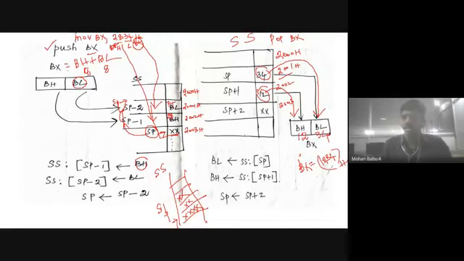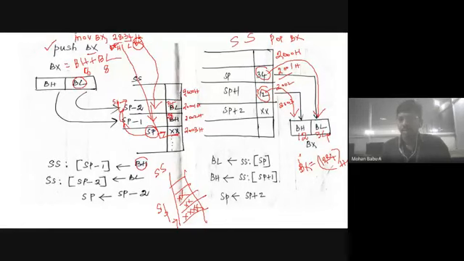So PUSH means storing the data from the register to the stack. POP means getting the data from the stack segment to the register. Is the concept clear now? Here in this example, we mention BL, SS:SP. SS is the stack segment, SP is the stack pointer.